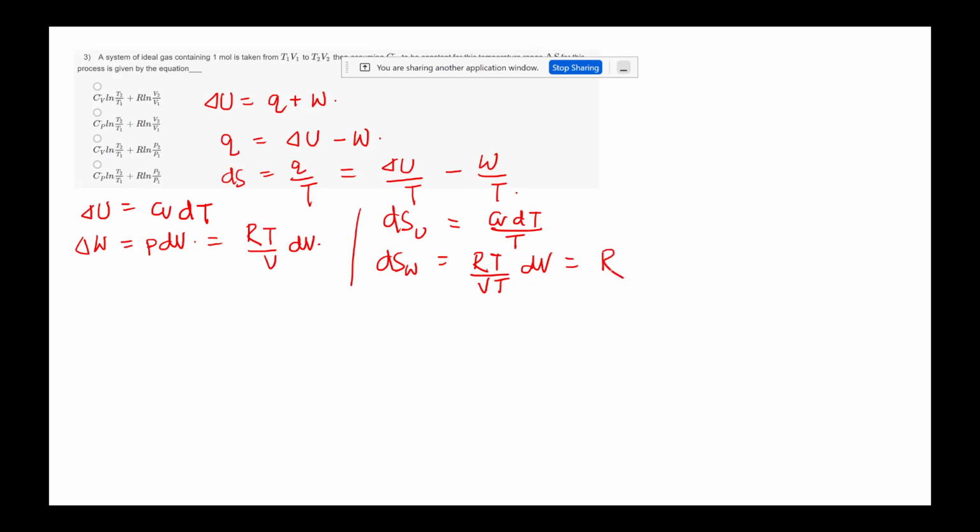So one will be R dV by V. Let's just integrate it and take the expression. So the change in entropy delta S will be integral from T1 to T2 of Cv dT minus integral from V1 to V2 of R dV by V.